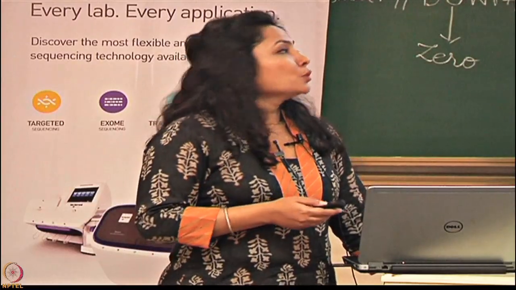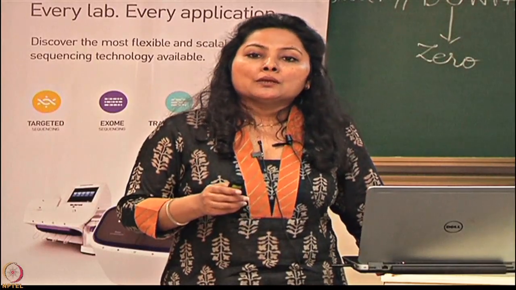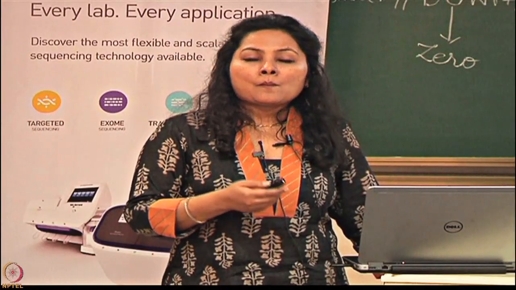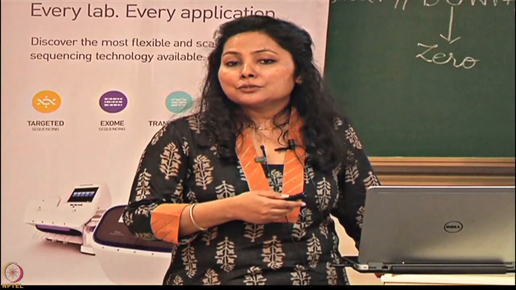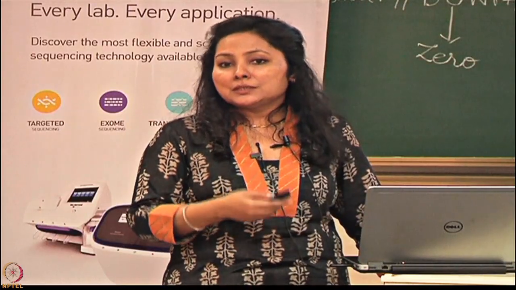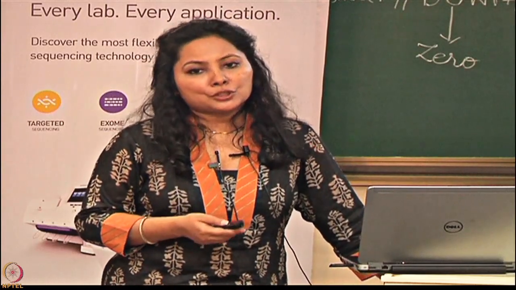So library preparation is basically a collection of fragments, whether DNA or RNA, which you finally want to sequence. What is the basic aim in library preparation? We talked about these next generation sequencers generating 200 base pair reads, 400 base pair reads, 600 base pair reads. Supposing we take an example of whole genome sequencing.